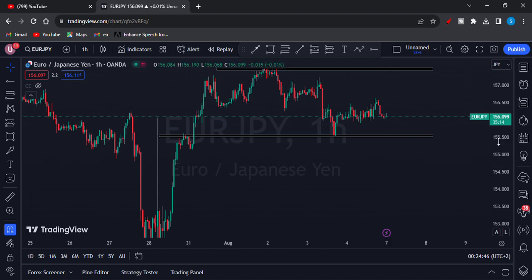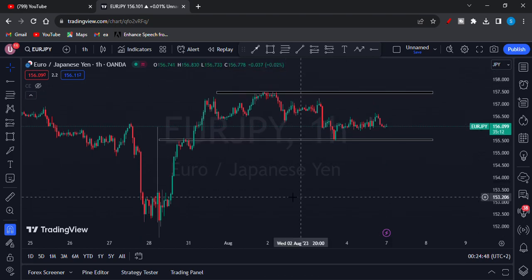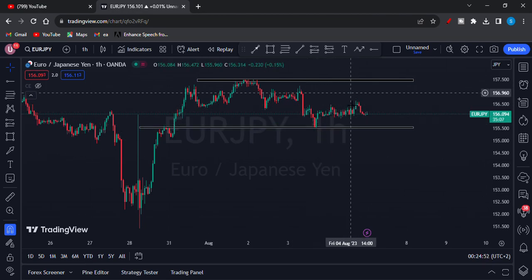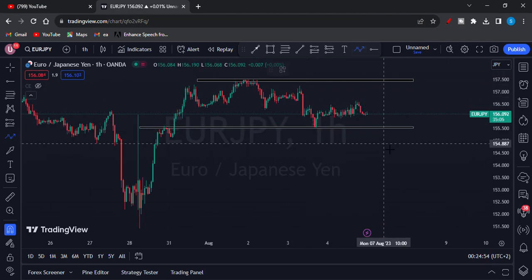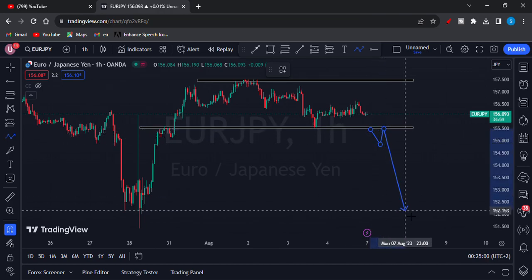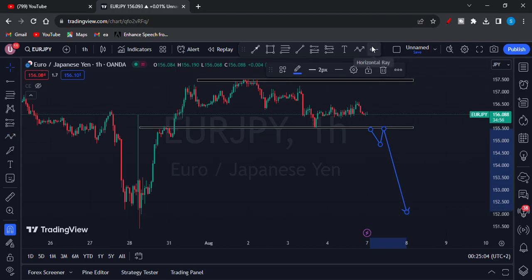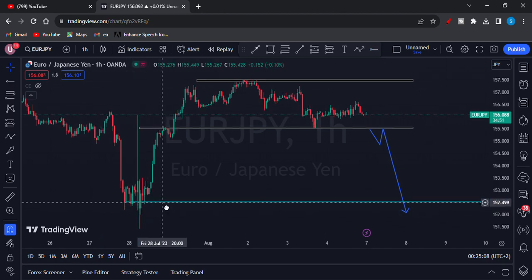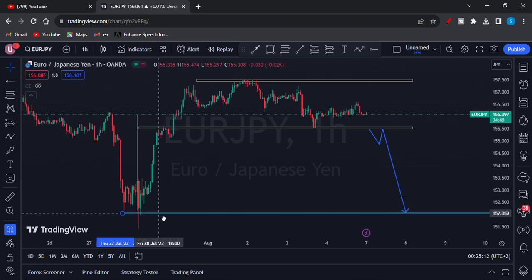So what I'm going to expect, since we're consolidating around here, is that it's possible we break, retest, and then sell. My potential TP is going to be somewhere here.